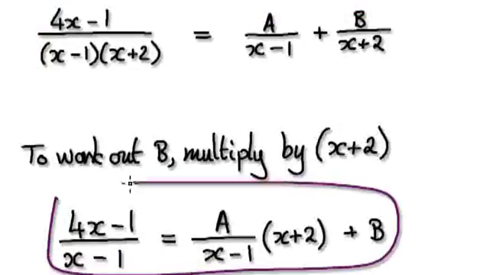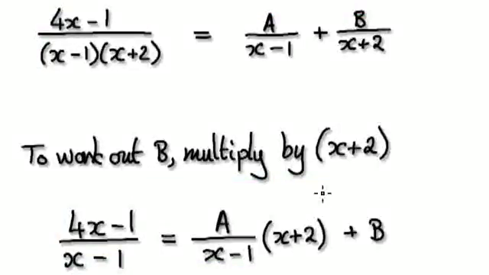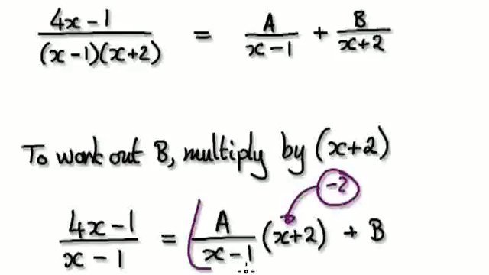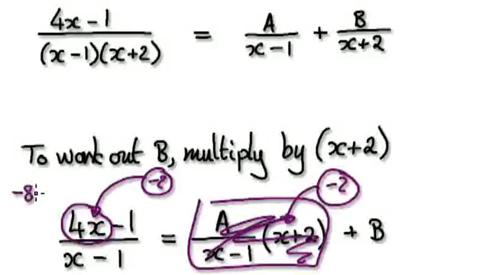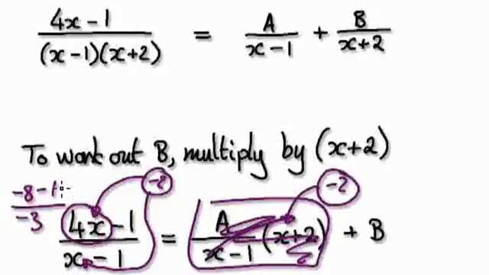Now, looking at this, if you want to work out B, let x equals negative 2. If you let x equals negative 2, then this whole thing here will disappear. And then you've got to put negative 2 into here. So this will become negative 8 minus 1 over, you've got to put it into here as well. So negative 2 minus 1, that will be negative 3.